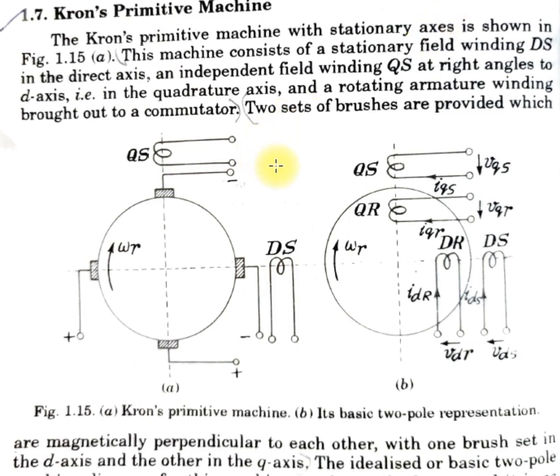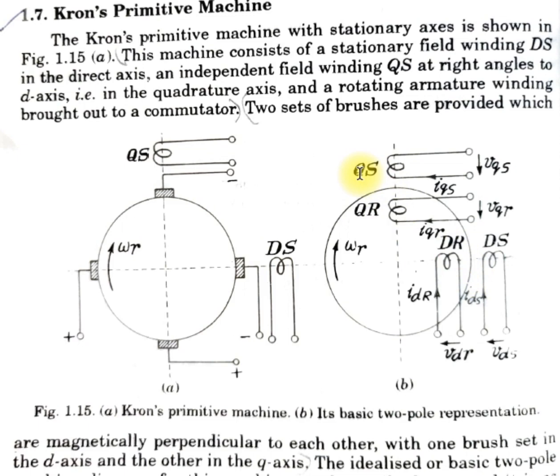Now let's say, for example, a DC machine. We have only a field winding and a rotor winding. So we'll only have DS and QR. The DR and QS windings would be eliminated from there.